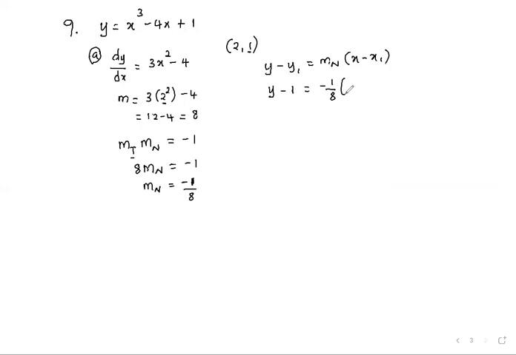From the point again, we have 2, since we are doing x minus 2. So when they say a line perpendicular to the tangent, they mean the normal. If they say a line perpendicular to the normal, they mean the tangent.